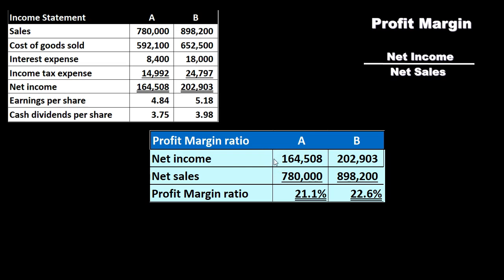For every dollar, how much we're walking away with, 21 cents, 0.21 of each dollar of revenue. So obviously we want this to be higher. We want the net income, what we're keeping, what we're holding on to after expenses, to be higher in relation to the earnings, to the revenue that we have. So in this case, B is looking better than A with regards to the profit margin ratio.